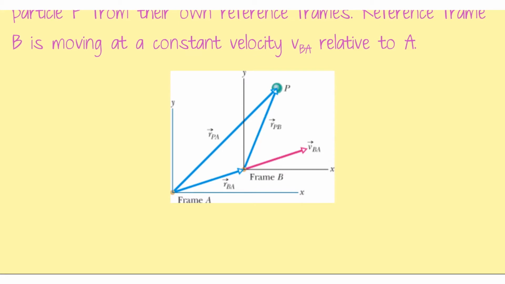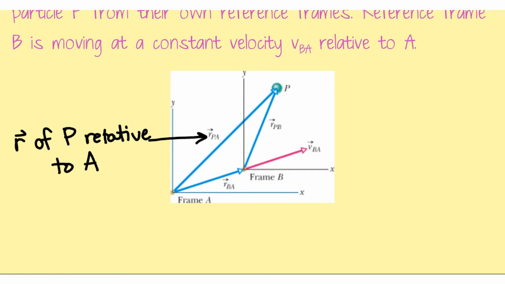This diagram includes multiple vectors, so let's go ahead and label what exactly each vector represents. For starters, RPA, this vector that we see right here, that's the position vector R of P relative to A. Again, remember that P is our particle, A is one of our reference frames.